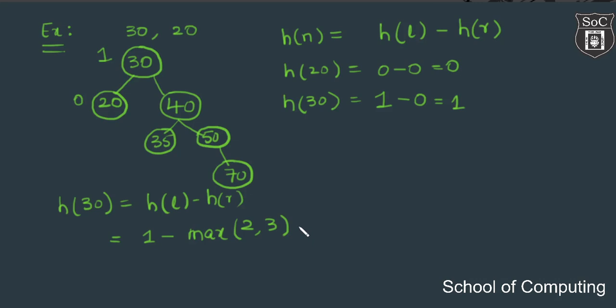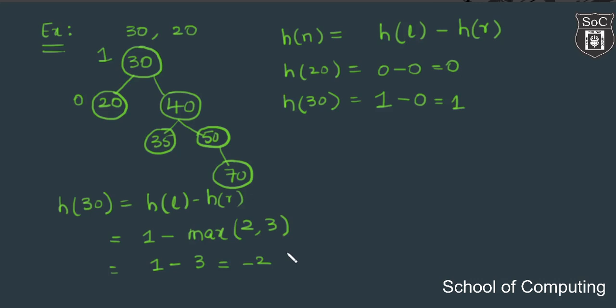In both heights, I need to take the maximum value. So what is the maximum of 2 comma 3? 3 is maximum. So the height at node 30 is 3 minus 0, which is 3.